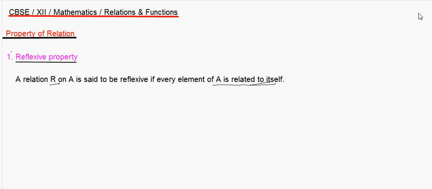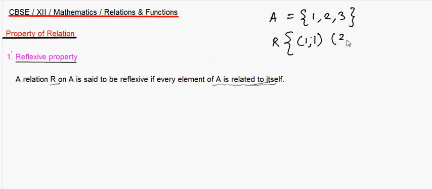That means, say for example, let's take a set A = {1, 2, 3}. This set is said to be reflexive only when you get a relation like this: (1, 1), (2, 2) and (3, 3).